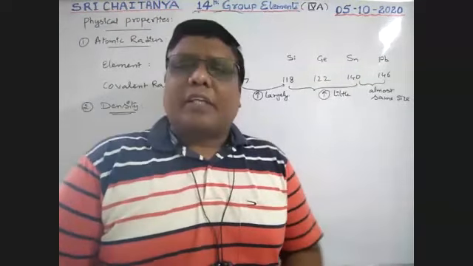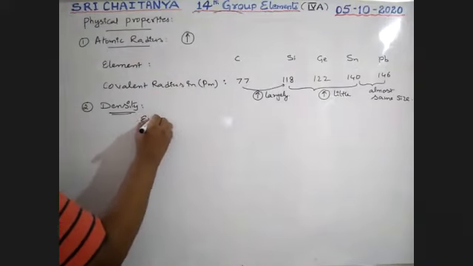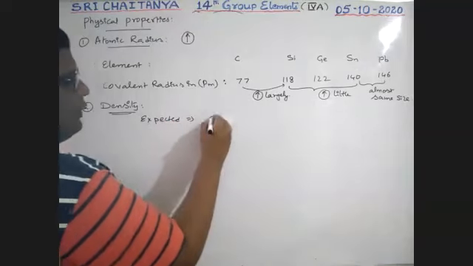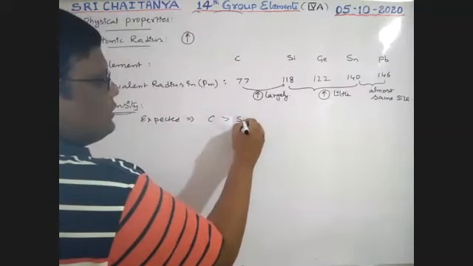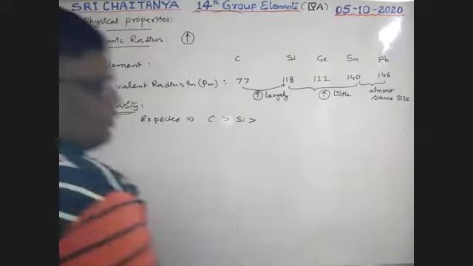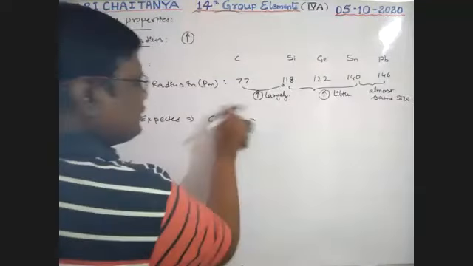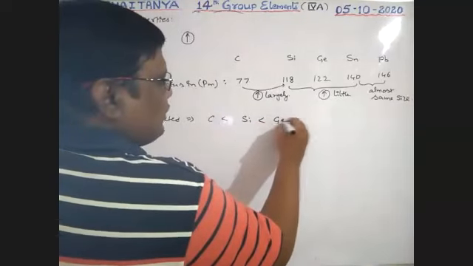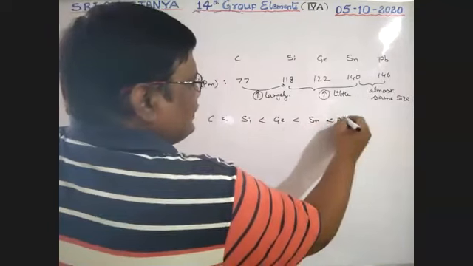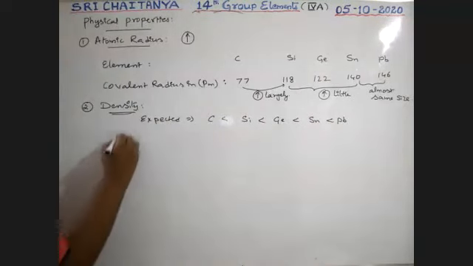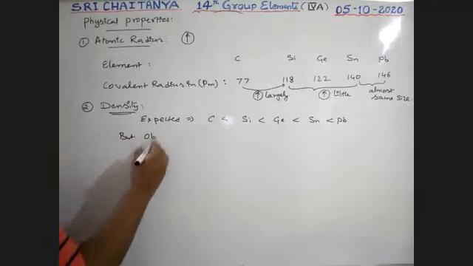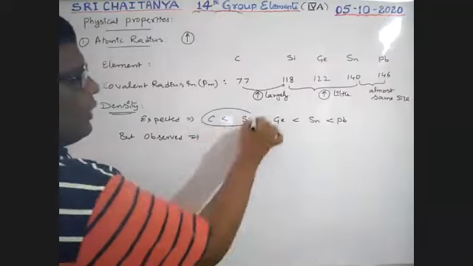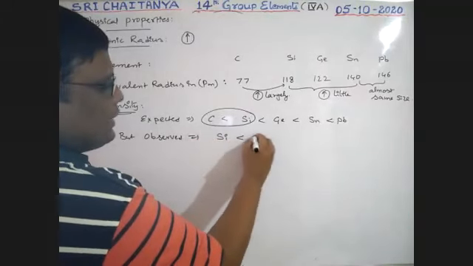Here we expected carbon less than silicon less than germanium, tin, lead. This is expected. But the observed value, boys, is silicon less than carbon.